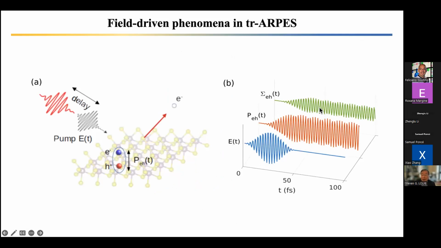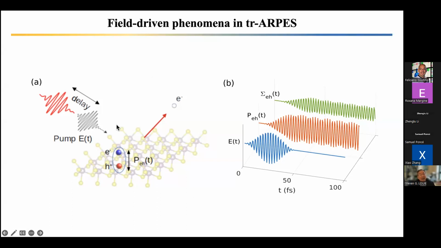One could also use this kind of approach to look at time-dependent phenomena. Here I give the example of field-driven phenomena in time-resolved, angle-resolved photoemission experiments. Normally, you think about studying excitons and other excitations through optical means, but we and others have recently realized that you could actually study excitons through time-resolved, angle-resolved photoemission measurements.